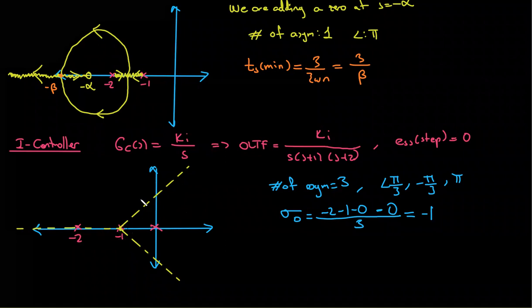And how is the root locus gonna look like? So first of all, let's have a look at the parts of the real axis that is included in the root locus. So this section will be included in the root locus, and that section will be included in the root locus, right?